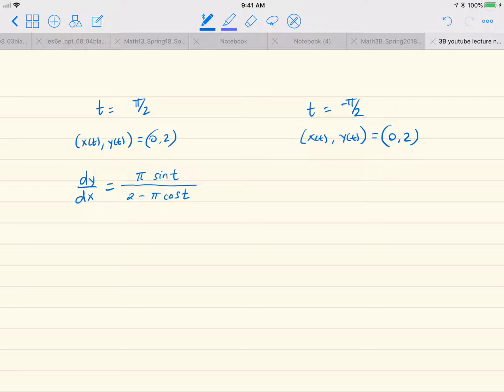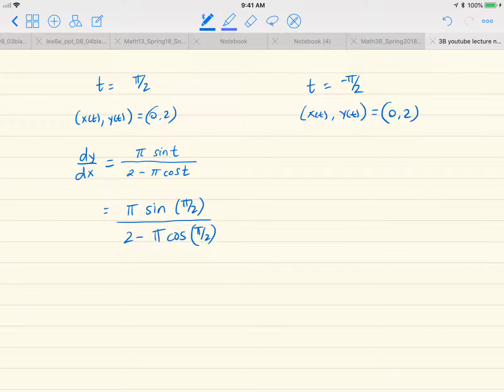So this will be pi times sine of pi over 2 over 2 minus pi cosine pi over 2. What is sine of pi over 2? That will be 1, so pi times 1. And cosine of pi over 2 is 0. So 2 minus 0, which is just equal to pi over 2.